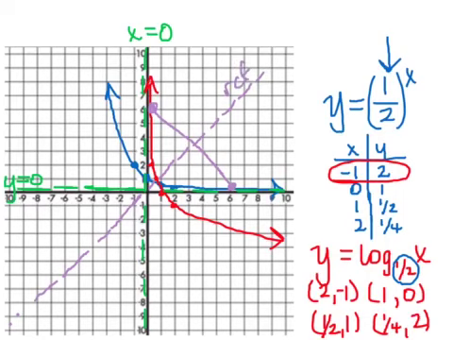This reflection line is the line y equals x. We talked about that. And every point in blue should reflect across that line in red. So if we take this point, reflect it straight across, we get this point. If we take this point here and reflect it straight across, we get this point here.